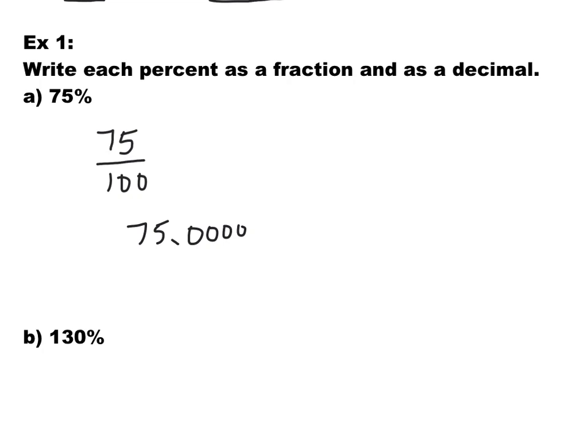Doesn't matter how many zeros you have after the decimal point. But since you are dividing by 100, you are going to move the decimal point 1 and 2 units to the left. So this becomes 0.75.